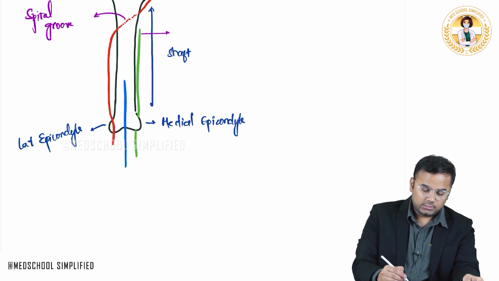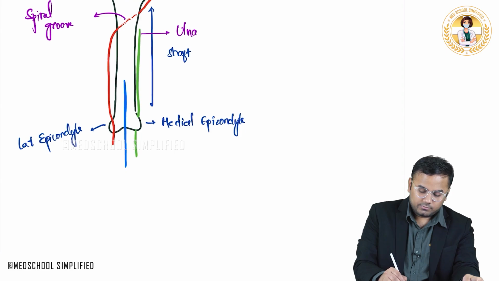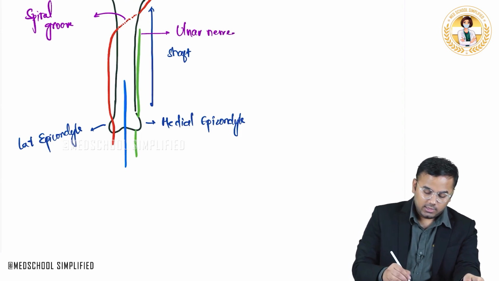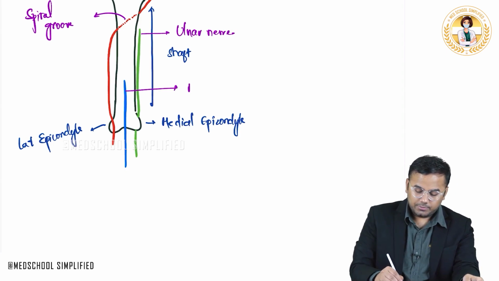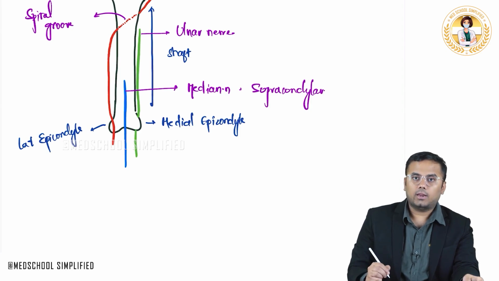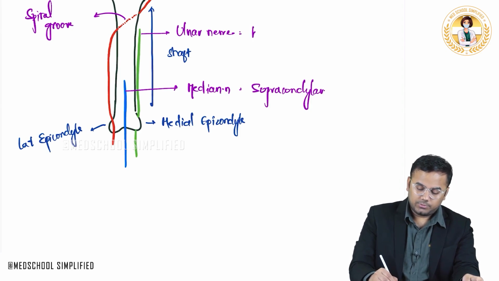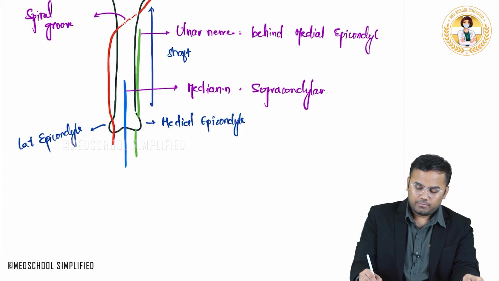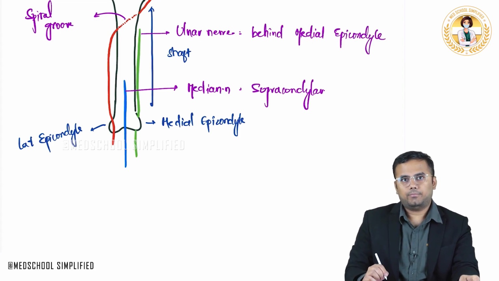This is your ulnar nerve, which passes behind the medial epicondyle, and finally this is the median nerve, which is supracondylar. In the same way, the ulnar nerve passes behind the medial epicondyle.